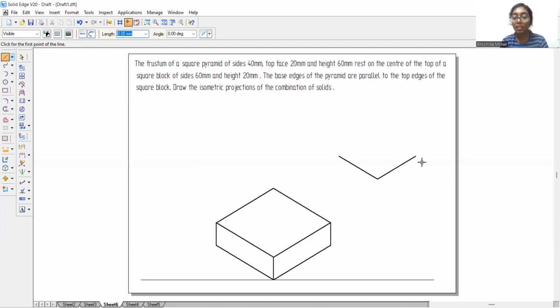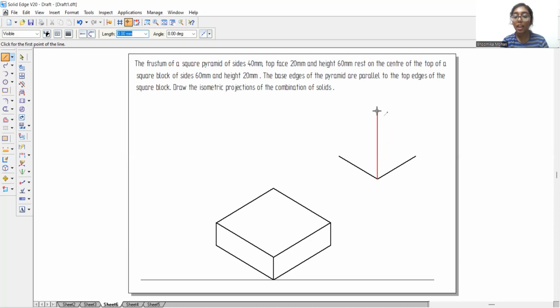Now we complete the frustum of a square pyramid by drawing the altitude 60 mm using the line tool and thickness 0.50 mm. Now the question says top face 20 mm.